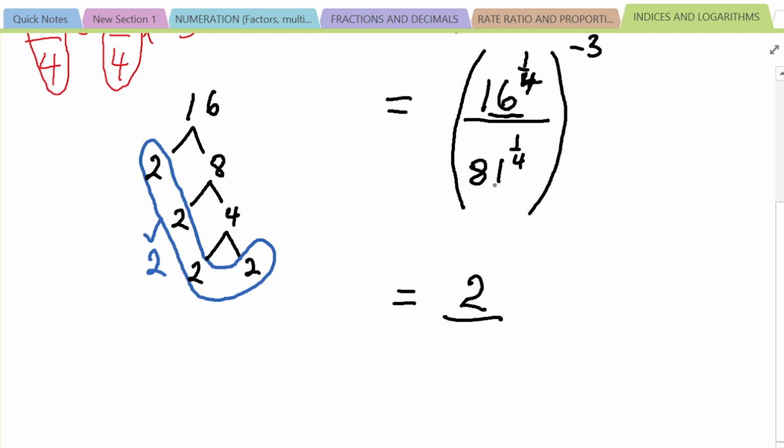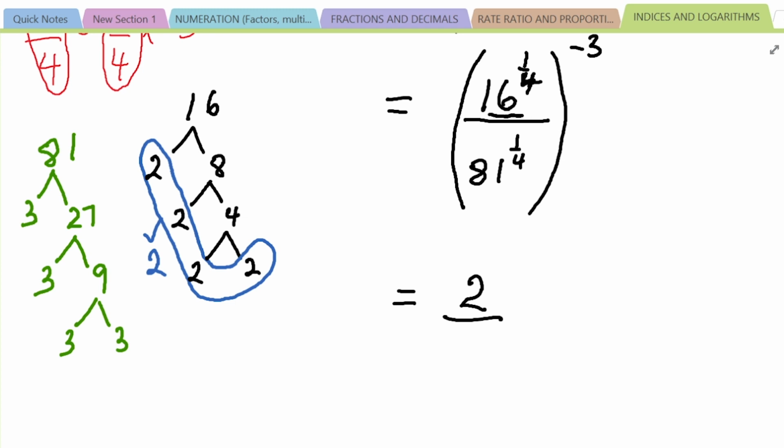Divide that by, now let's look for the fourth root of 81. I'm going to do the same thing. I'll come here and say 81 divided by 3 is 27, 27 divided by 3 gives me 9, divided by 3 gives me 3.